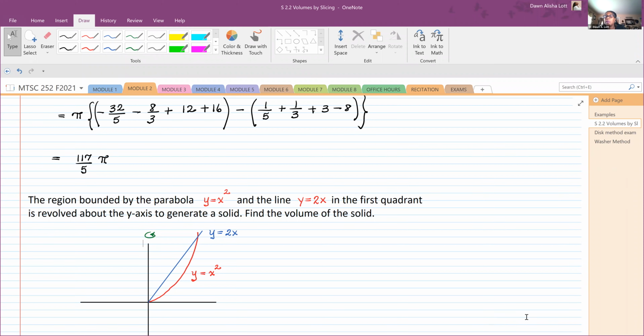Xavier, are you here? Yes. Okay. Anybody have a picture of it revolved around the y-axis?